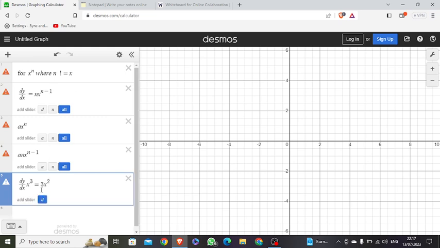Power rule: we bring the power 3 down to multiply, then subtract 1 from the power.